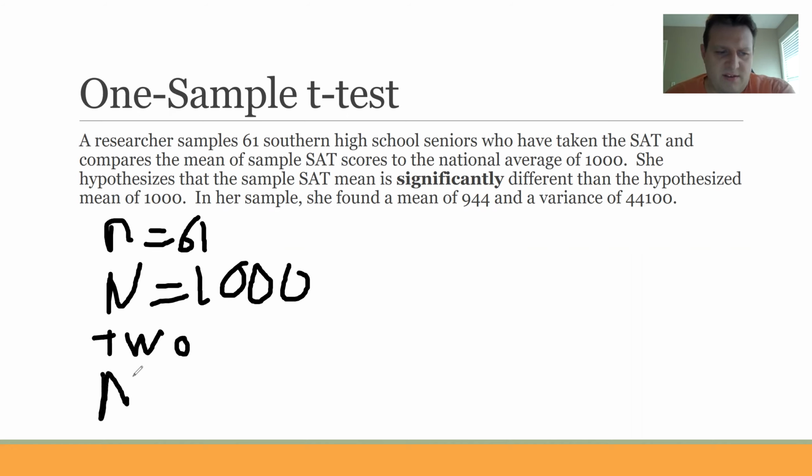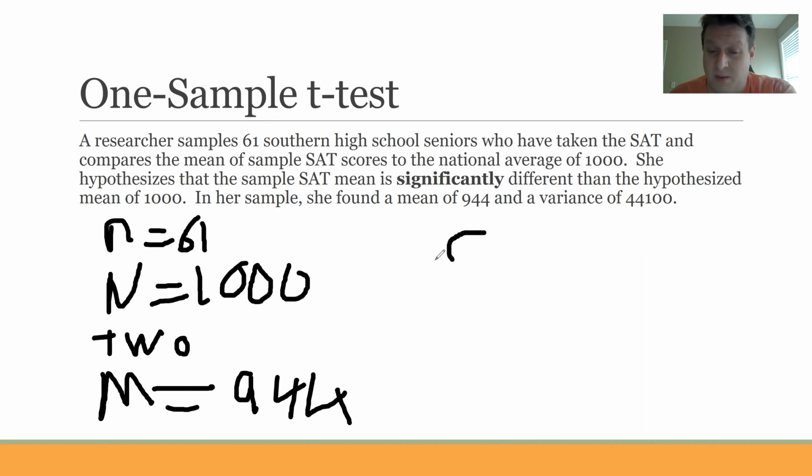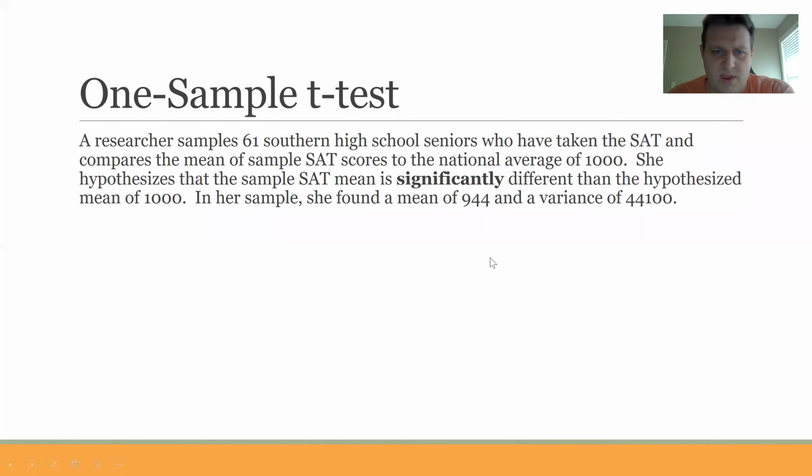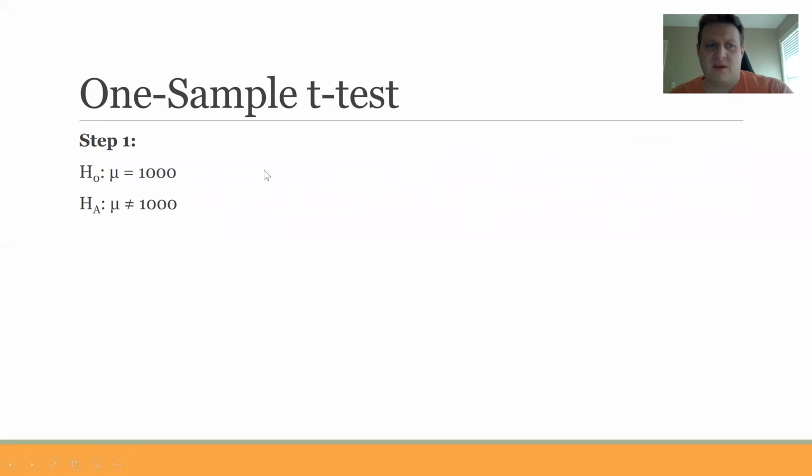And the sample mean is 944, and the sample variance is equal to 44,100. Okay. I've written all my information down in my notes so that I can do this problem effectively. When I look at if something is different, of course, this lets us know that we're dealing with a two-tailed test here. So how do we do step 1?